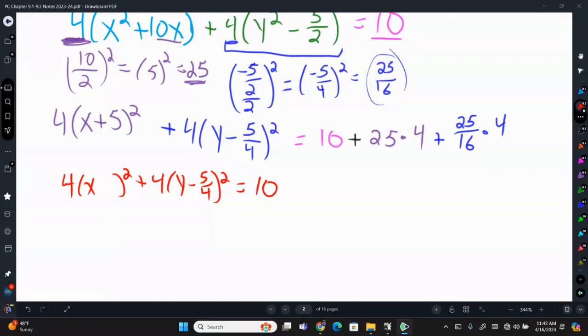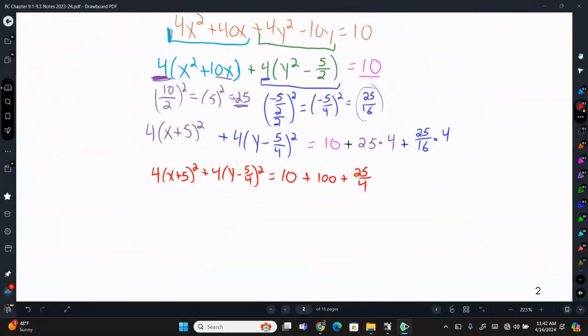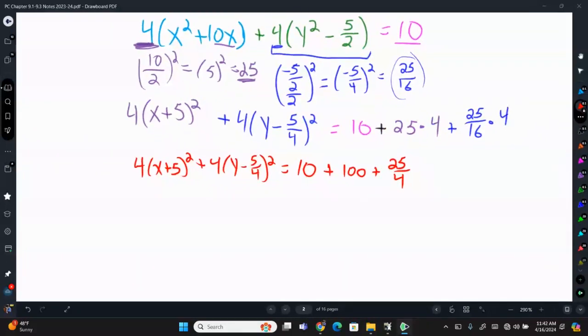Let's make this a little bit neater. It equals 10 plus 25 times 4 is 100, plus 25 over 16 times 4 is going to be 25 over 4. So now we have to get common denominators so we can add up this right side.